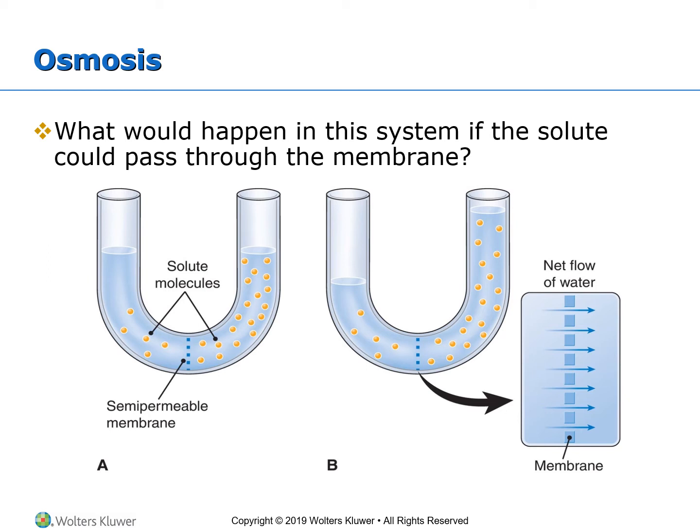So the water will move from an area where there are more molecules to an area where there are few molecules of water. So the solvent, the water molecules, will move from an area of lower solute concentration to an area with a higher solute concentration.